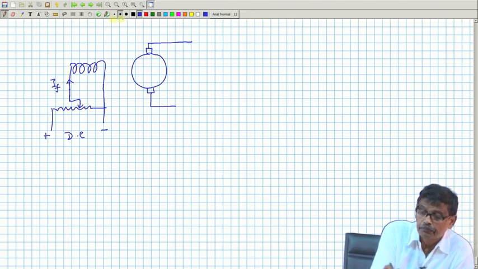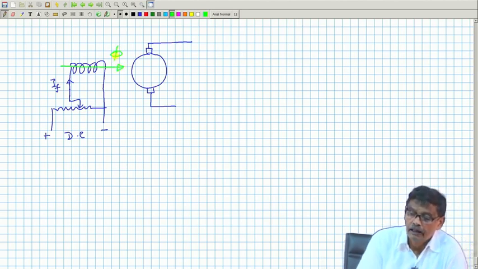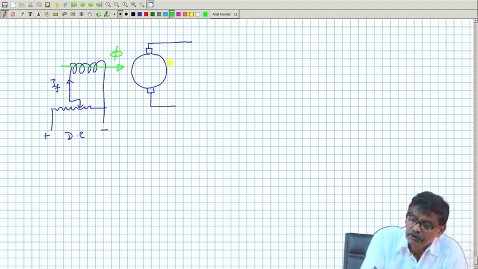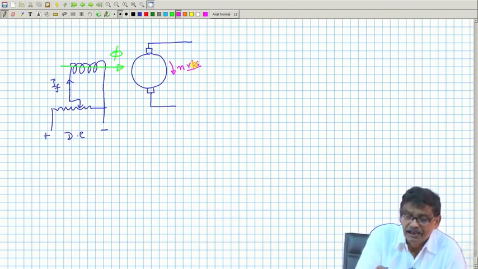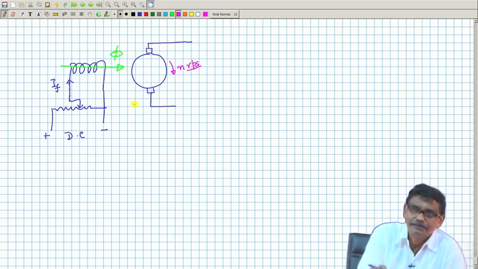Suppose the flux per pole produced is phi. Phi is the flux per pole. And suppose you are driving the machine at 10 RPS, suppose in this direction. Then from this diagram, I will not be able to tell whether this is plus, this is minus brass, that is not possible.